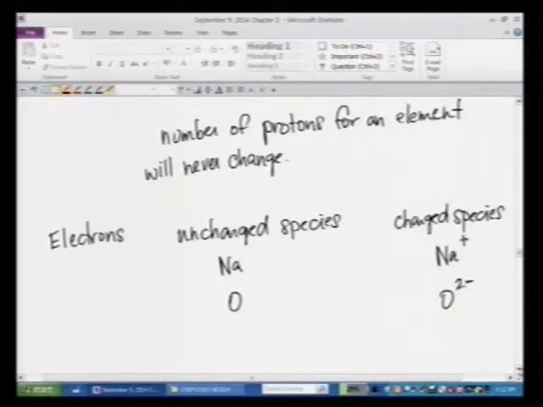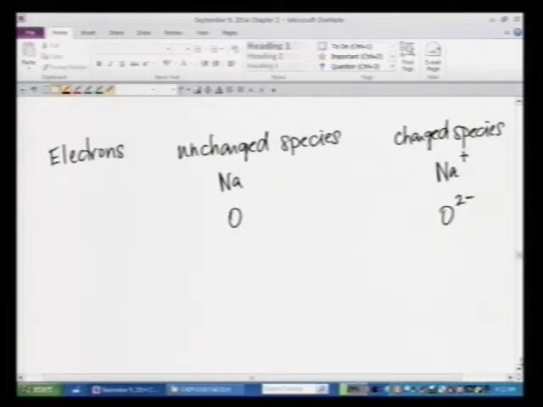So for the uncharged species, the number of protons is equal to the number of electrons. Because if I have 5 protons for boron, that would be 5 positive charges.